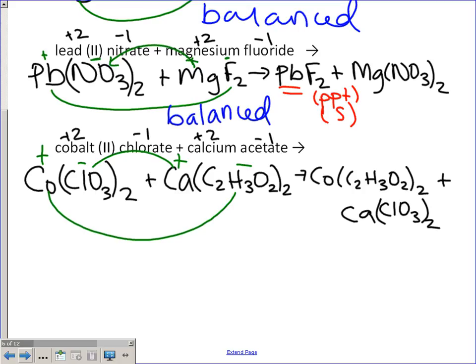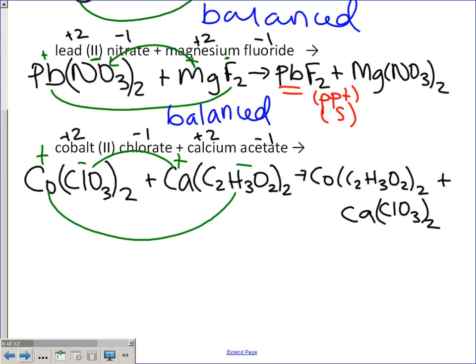With every double replacement reaction, we have to check our solubility rules. So all acetates, first bullet under soluble, are soluble. So cobalt acetate will be soluble. Next, let's find chlorates. Chlorates actually follow the same rule as chlorides.